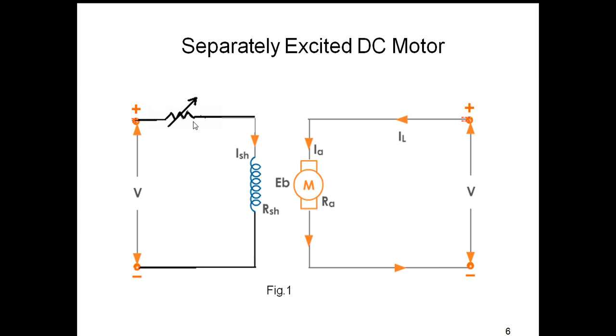Here we keep a rheostat to control the current in the field winding, and the voltage given to the shunt field winding is V, and the load current is IL.